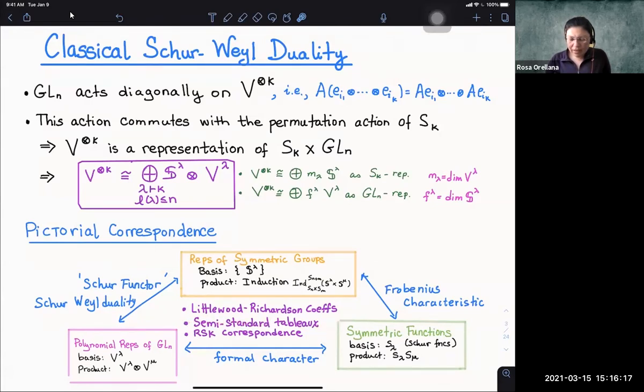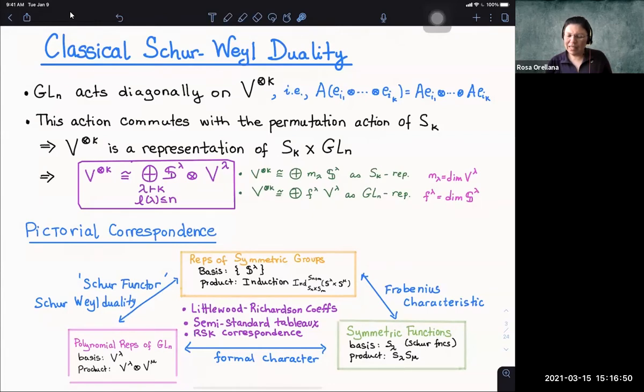And then there is this RSK correspondence, the Robinson-Schensted-Knuth correspondence. Remember what it does: you take a word with letters 1 through n, of length k, and you insert them. It gives you a pair, one being a standard tableau filled from 1 through k, and another a semi-standard tableau filled with numbers from 1 through n.